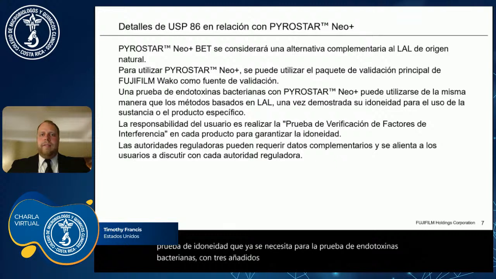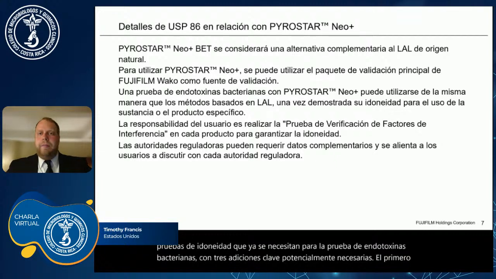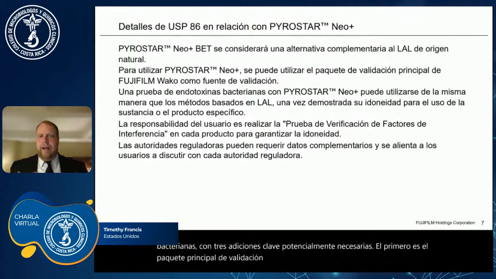The first is the manufacturer's primary validation package, which is provided. This is the validation that the USP has already reviewed and we would provide for you.